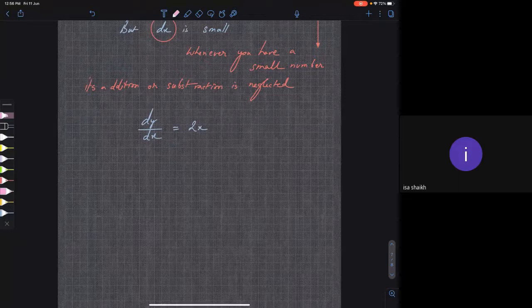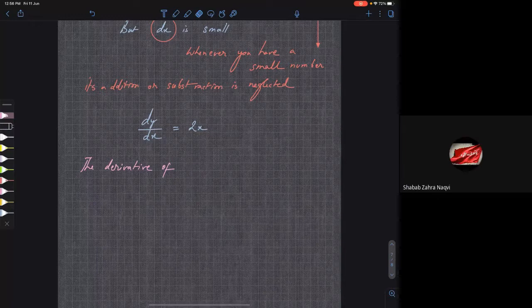The conclusion is the derivative of x square is 2x. Correct?